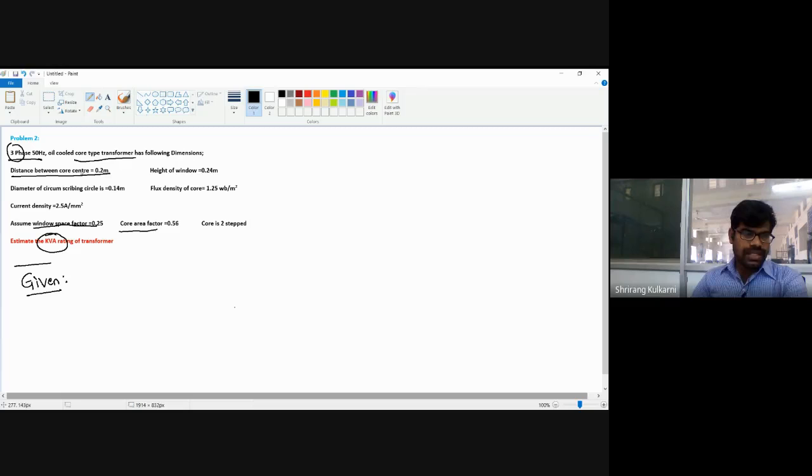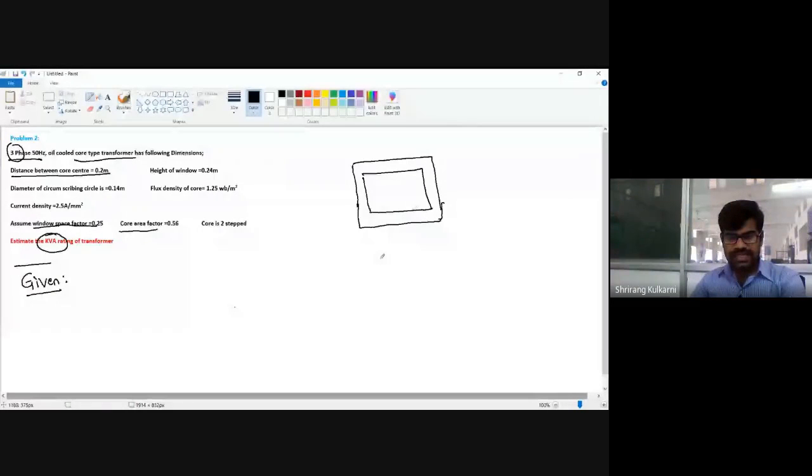Distance between core centers. What is the meaning of this? Better you write all the things in your notebook. It is the core of the transformer, as I explained in the dimensions of core. If you see the front view, these are the windings we place on the core on each side, primary and secondary.